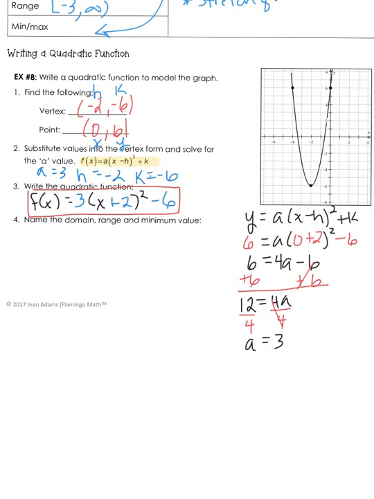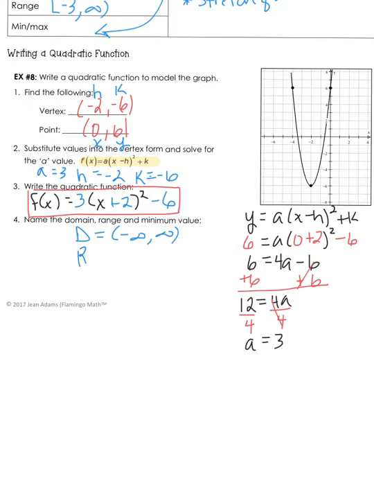Now you could have chosen whatever ordered pair you wanted for x and y. Now, name the domain, range, and minimum value. So your domain, as always, is -infinity to +infinity. Now our range, since I have a minimum, that's the smallest range value, so our smallest value starts at -6 and goes up from there.